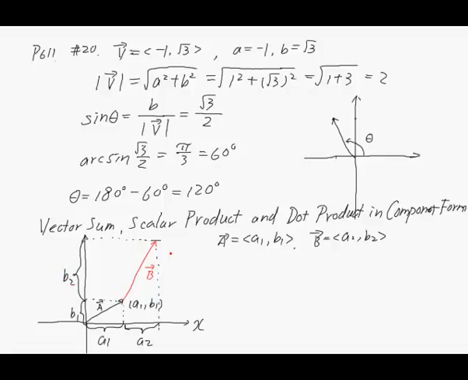So now you can get the coordinates of this terminal point. So the x coordinate should be A1 plus A2. And the y coordinate is equal to B1 plus B2.